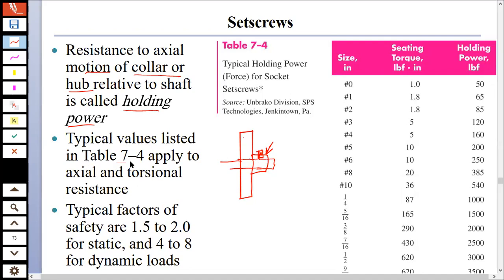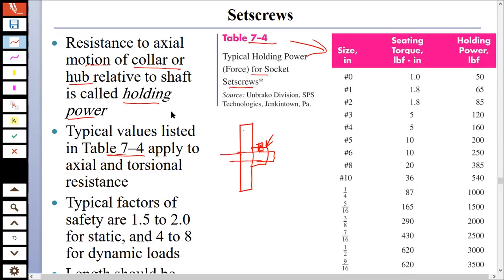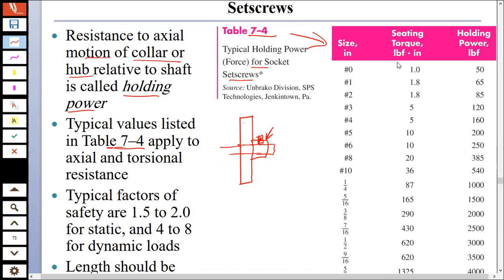Typical values are listed in table 7-4. This table gives you typical holding powers or force for socket set screws. So these are the holding torques, like the seating torque or holding power. This is giving you the holding power with these seating torques.